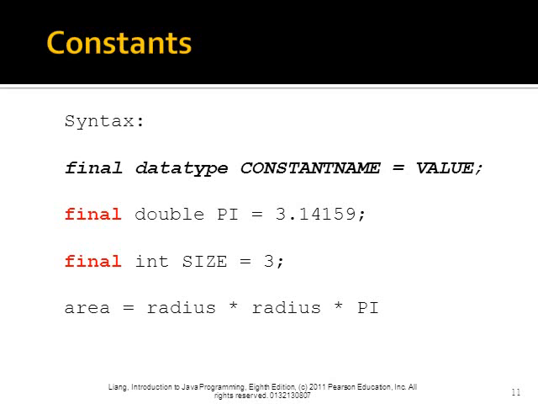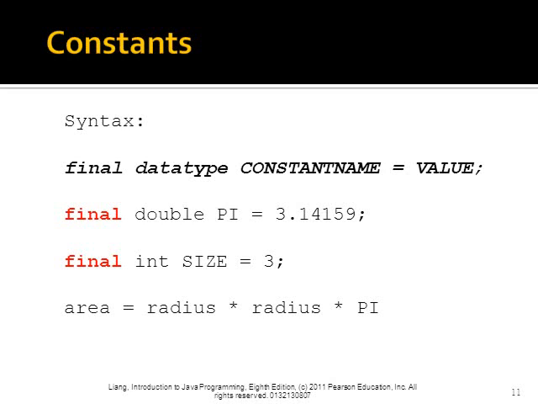And the way we declare something to be a constant is that it's declared with the reserved word final. This is the final value. Notice then that we give it a data type, like any other piece of data, and in these cases we've used all uppercase to name our constant, so that when we see an all uppercase name in our programming code, we know that it's a constant.